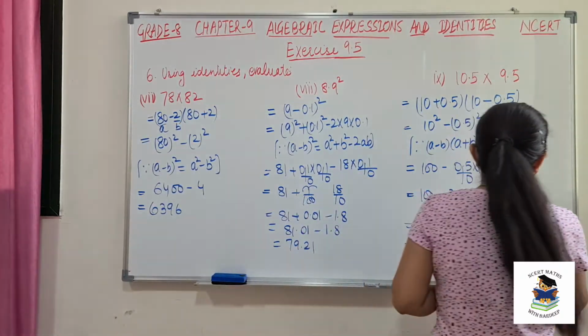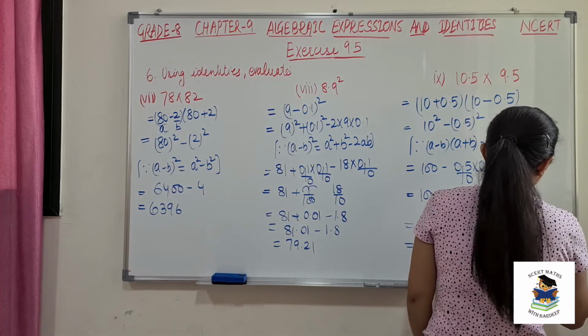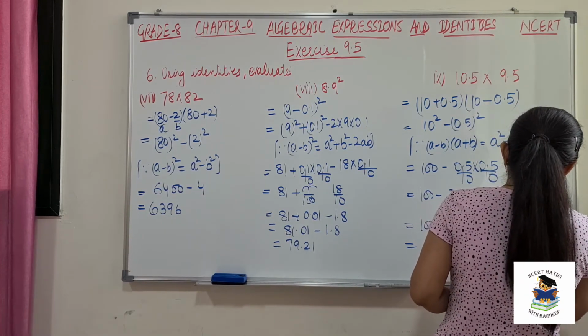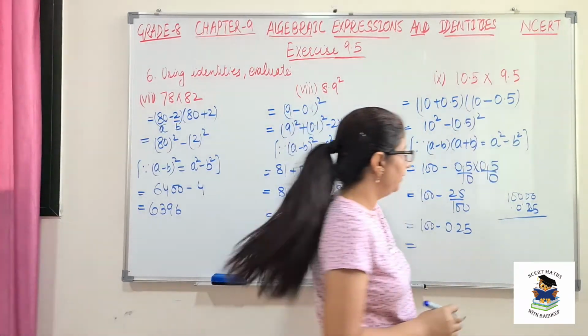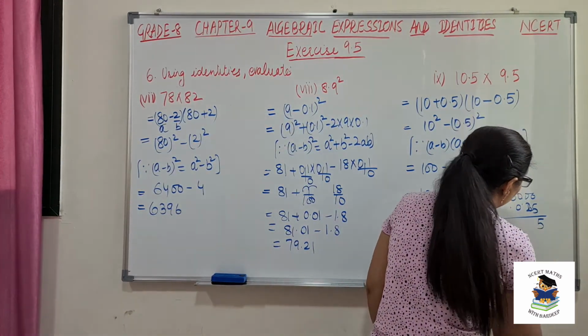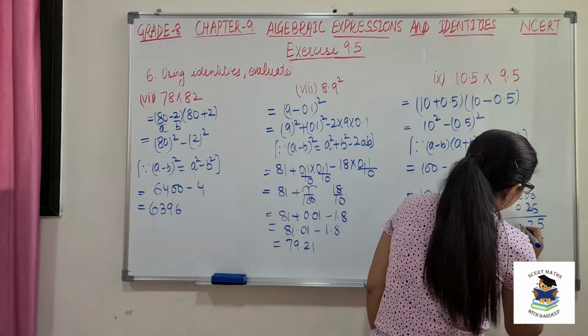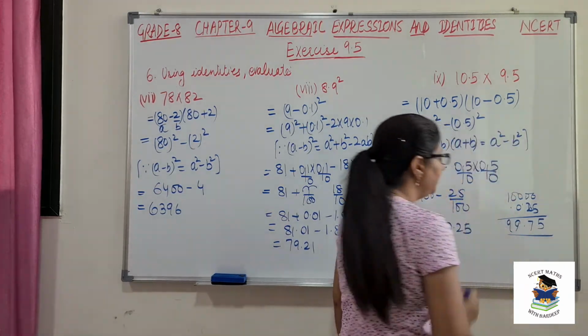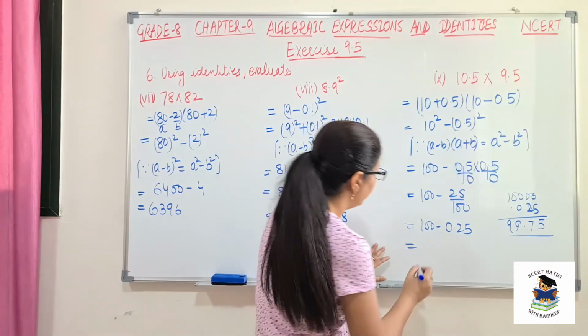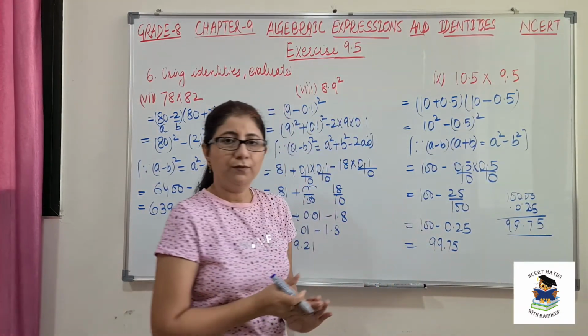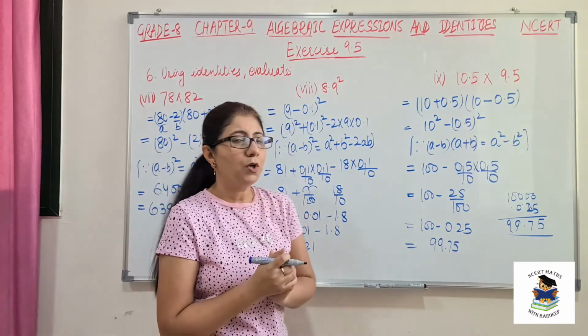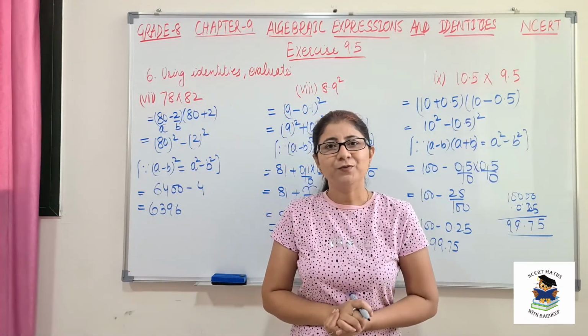Okay, so 100 minus 0.25. So again 10 minus 5 as 5, and 9 minus 2 as 7. So this is 99.75. So my answer is 99.75. Correct? So this is all about question number 6 of the exercise.